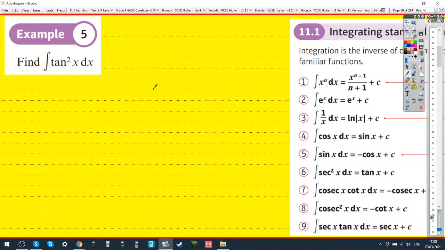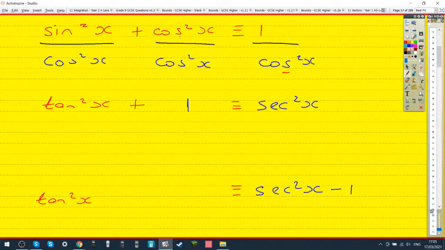So do we have to rewrite tan squared x? Yep. What is tan squared x the same as? What did your good tutor just make you do?